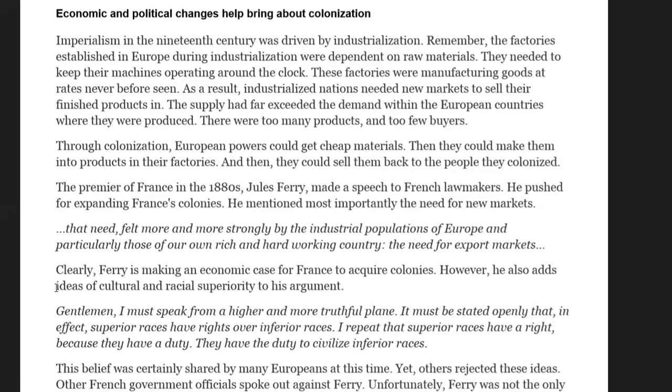So basically, let's take the mills in England. As those mills in England grew, those factories, they would take cotton, turn it into cloth, turn that cloth into clothing, and maybe sell that to people in England. Well, pretty soon they found that they needed more and more cotton, more than they currently had access to, and they had already sold all the cloth they could sell to the people in England, so they needed more people to buy it.